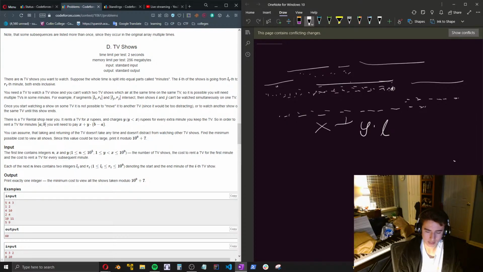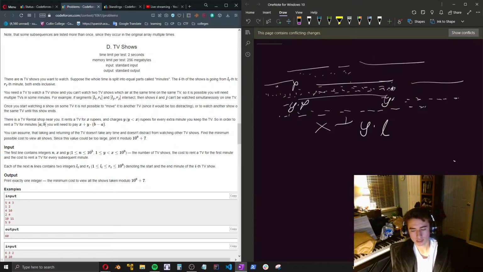Let's say this is the index, what's the position? It'd be like a negative y times p, so then we could just add y times q here, if q is the position here, to add the cost that corresponds to the length.